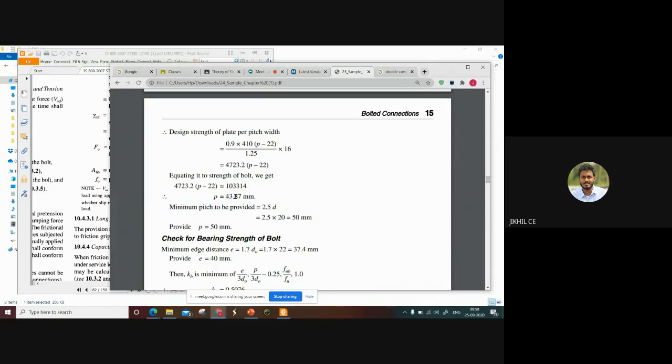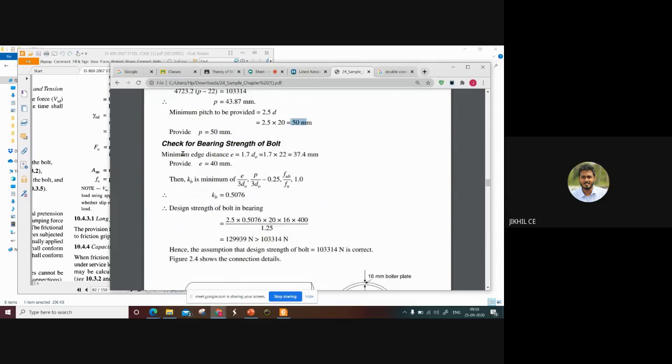So based on the two values, we are providing a pitch of 50 mm. Because if you provide a higher value of P, the strength will increase, because P is coming in P minus 22. As P is increasing, the total value will increase. So we are providing the minimum pitch of 50 mm.